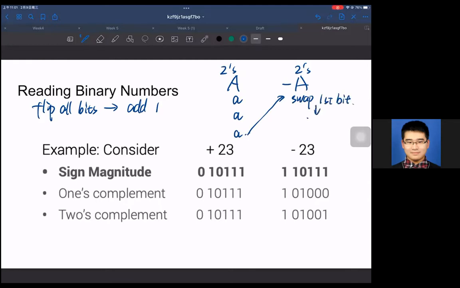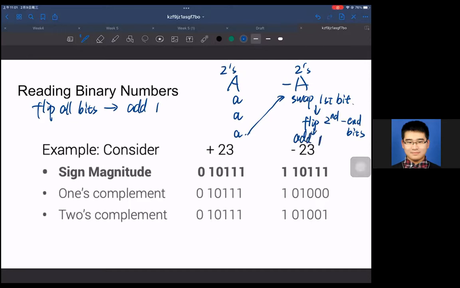Okay, how can we make a sign magnitude into one's complement? We keep the first bit and flip the rest. So we flip all the rest of the bits. And the third step, we go from one's complement to the two's complement.